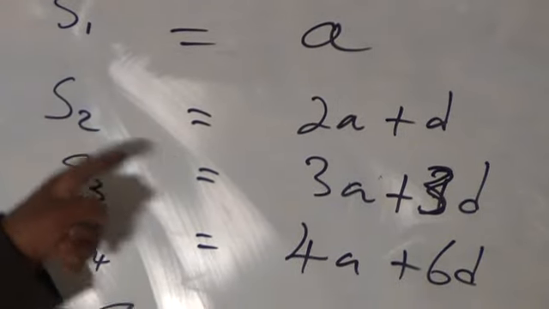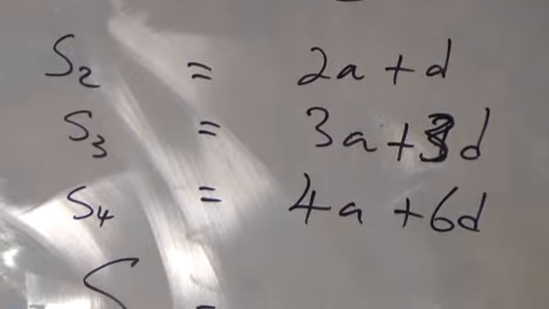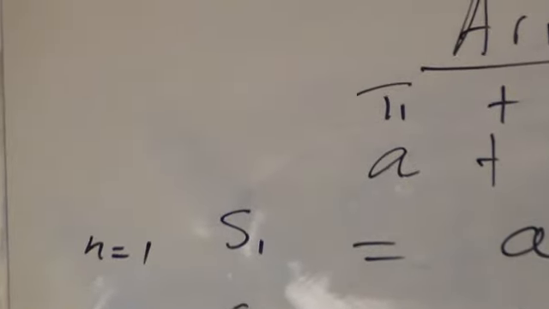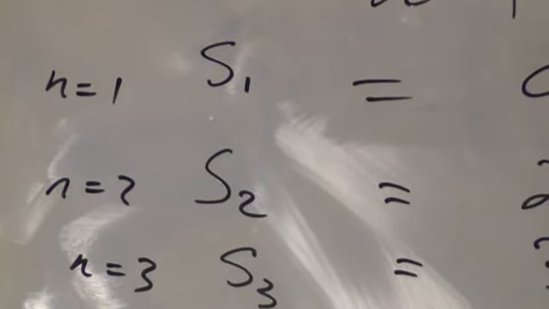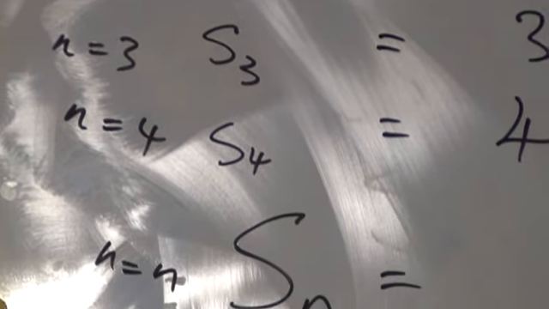Okay, let's deal with the A first. S1, 1A. Remember, n equal to 1 here, n equal to 2 here, n equal to 3 here, n equal to 4 here, n equal to n in this particular case.